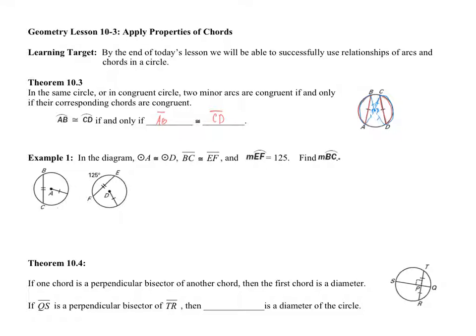Well, since we have two circles here and they have the same radius, these two circles are congruent circles. Then they also have two congruent chords. So by theorem 10.3, we can say measure arc BC is equal to 125 degrees.